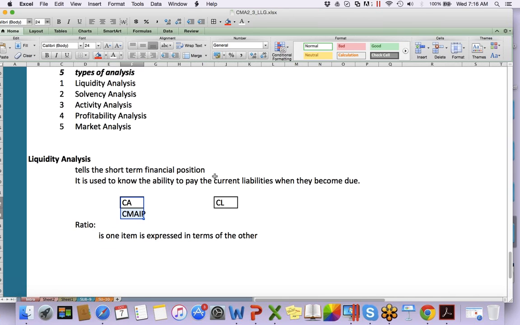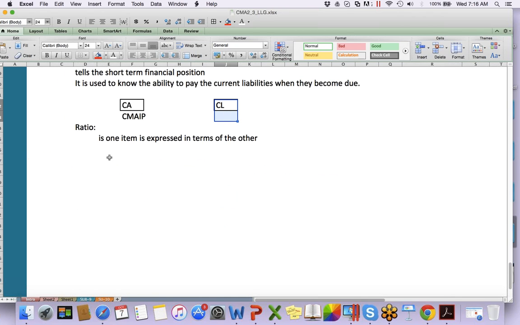So current assets are to be expressed in terms of current liabilities. This is the reason why we calculate the ratios: to know the amount of current assets against the current liabilities. Here we have the current ratio.